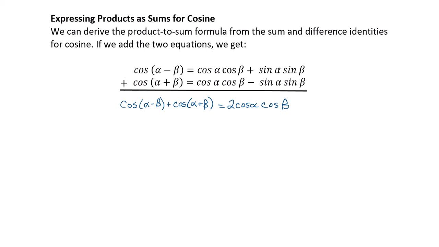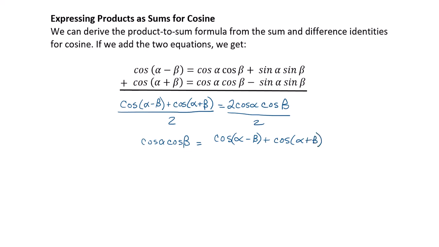Now we just need to divide both sides by 2, and I have my new identity. The cosine of alpha times the cosine of beta can be expressed as the cosine of alpha minus beta plus the cosine of alpha plus beta divided by 2, or let's take the whole thing times 1/2.